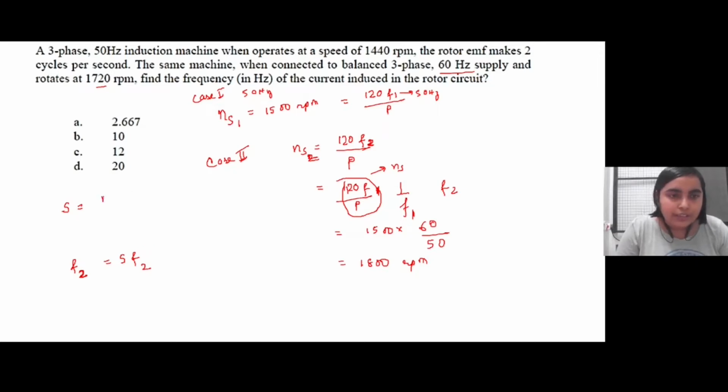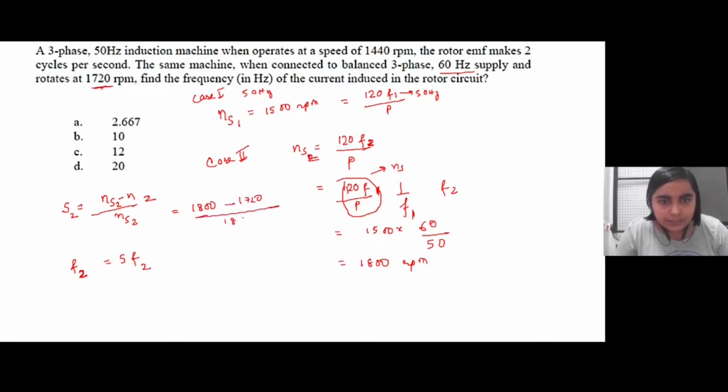So in order to calculate slip, we need ns2 minus n2 by ns2. So this is for case 2. This is the synchronous speed. We have calculated it as 1800. N2, which is the rotor speed in the second case, is 1720.